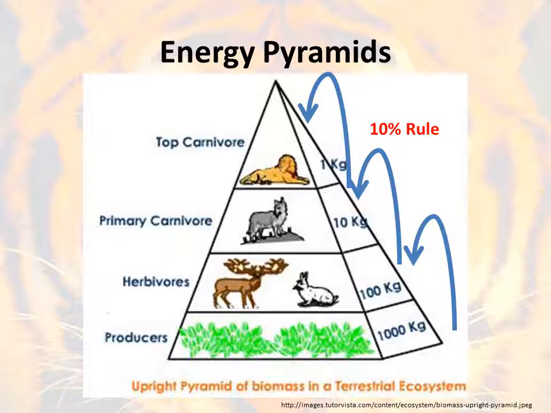So in this example, they used mass just to kind of show how much stuff is there. So here there's 1,000 kilograms of producers. You could turn that into energy if you want, but the same idea applies. Only 10% of the stuff from here makes it to this level. So 10% of 1,000 is 100. So the obvious question is, well, wait a minute, what happened to the other 90% of the energy?